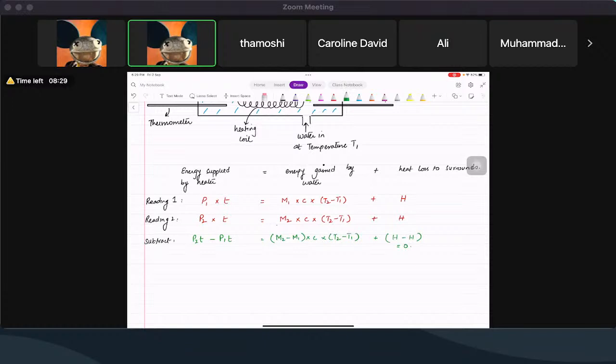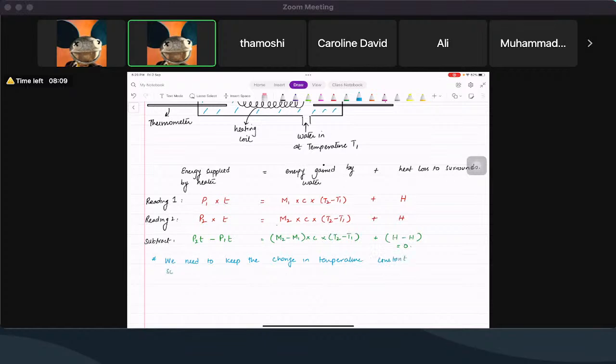So what we're really doing in this one is we need to keep the change in temperature constant.